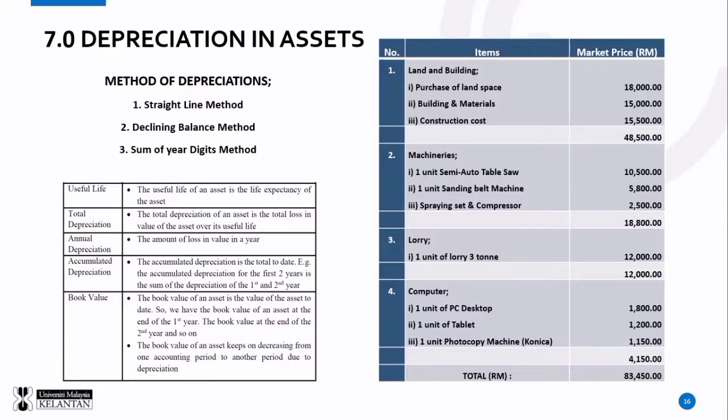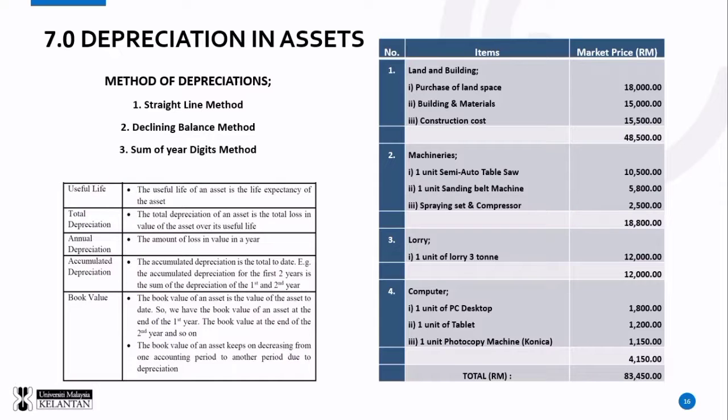On the right hand side, we can look at the schedule, which is our asset list. The first items listed are land and building, with 48,500 Ringgit, and machineries at about 18,800 Ringgit.